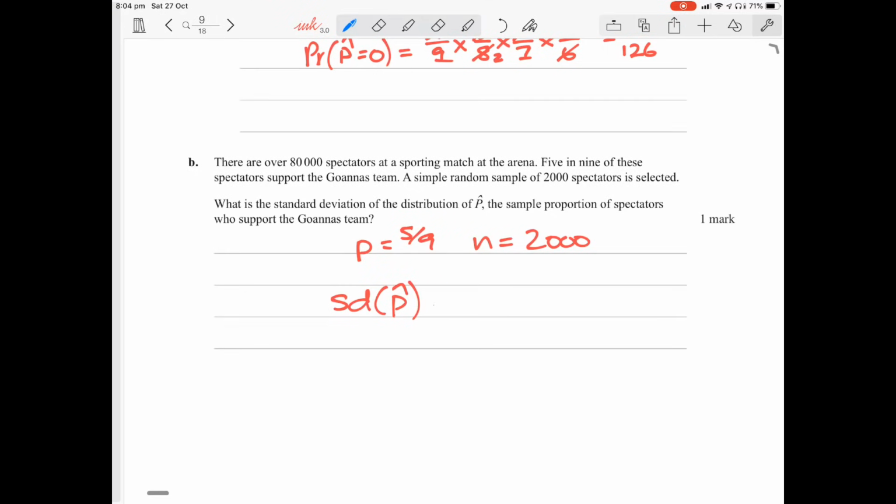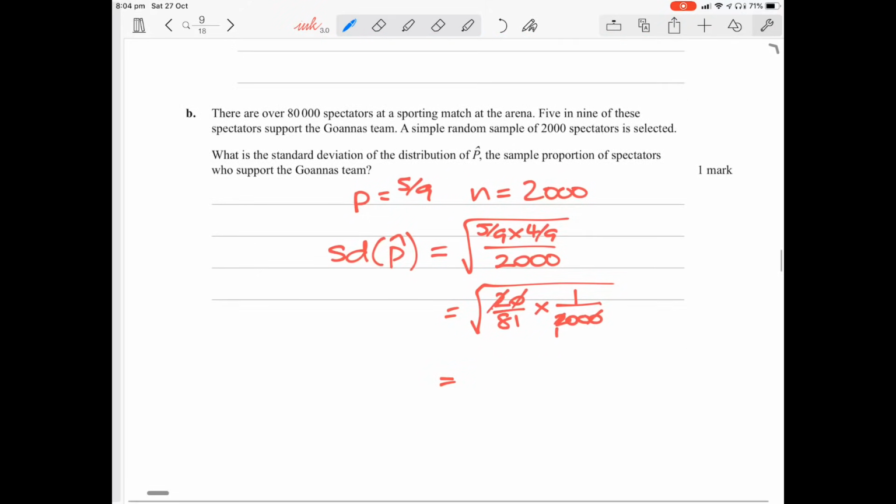So the standard deviation of P hat is the square root of 5 on 9 times 4 on 9 divided by 2,000. I'm going to write this as the square root of 20 on 81 divided by 2,000, which is times 1 on 2,000. So chop that off, I'm going to have a 1.